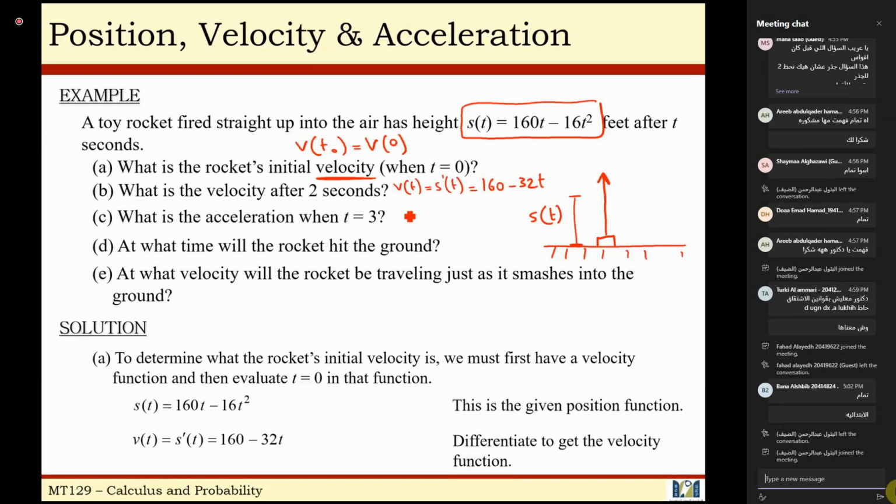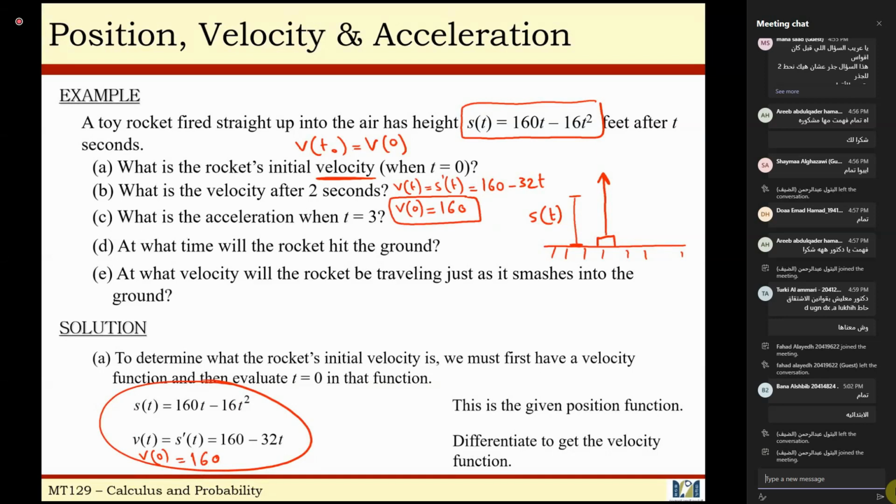So v0 equals 160. This is the initial velocity. We can find v naught: this equals 160 minus 0, so we have 160.